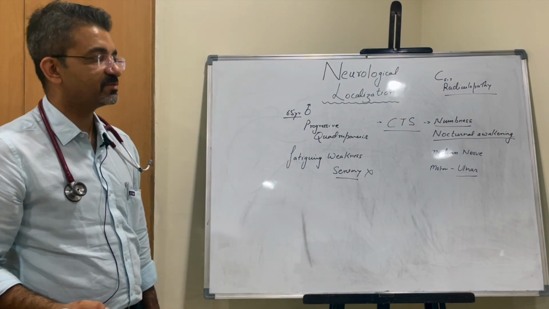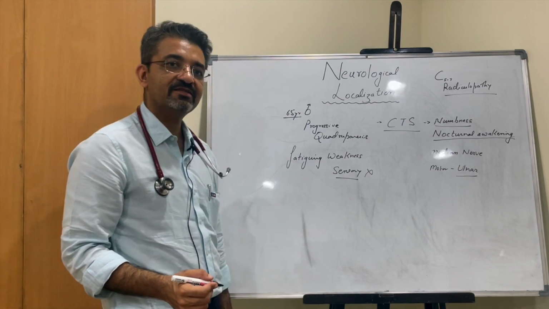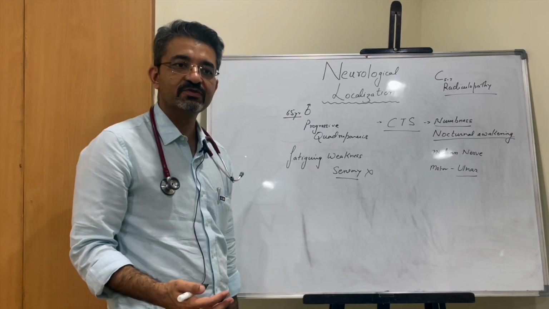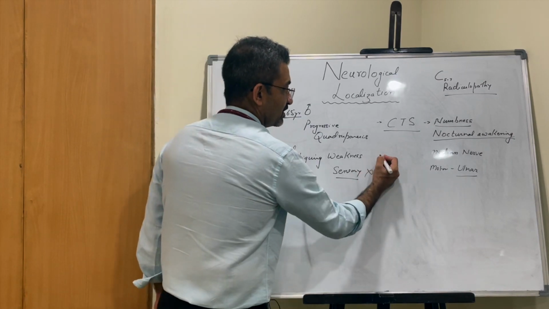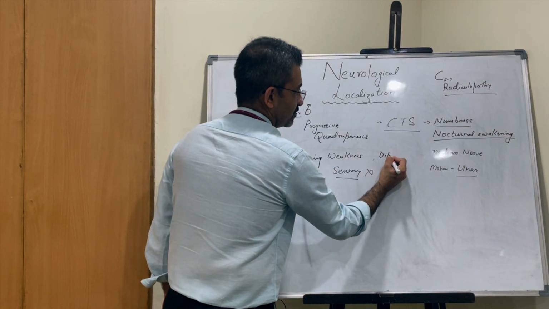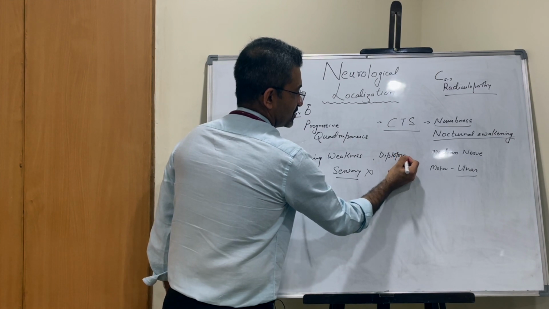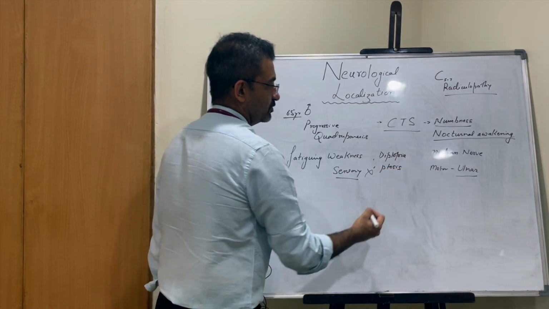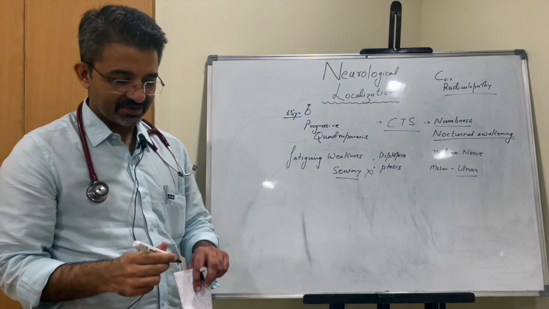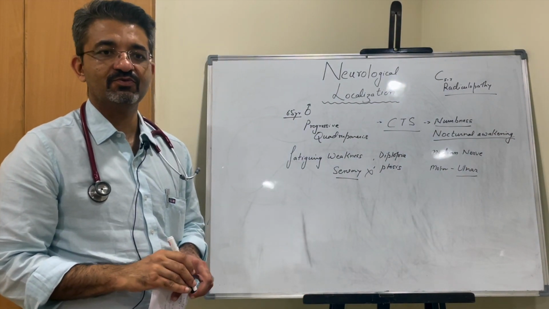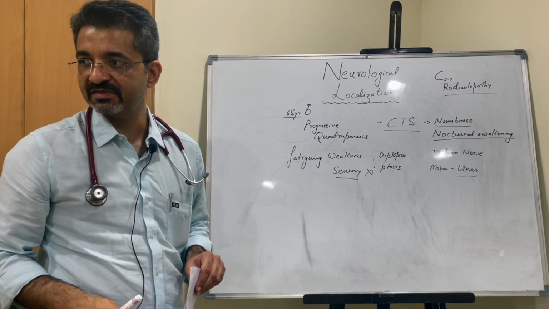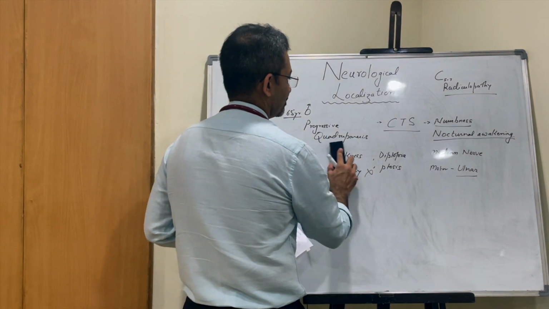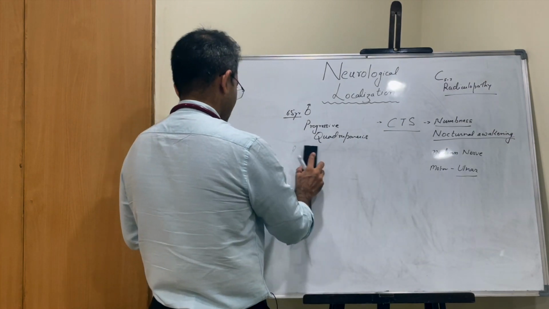So anyone who has progressive quadriparesis, but the quadriparesis is fatiguing on frequent use, may be associated with diplopia or ptosis. So the case, without any investigation, goes in favor of myasthenia gravis. Okay, always remember that fatiguing weakness is a hallmark of myasthenia gravis.